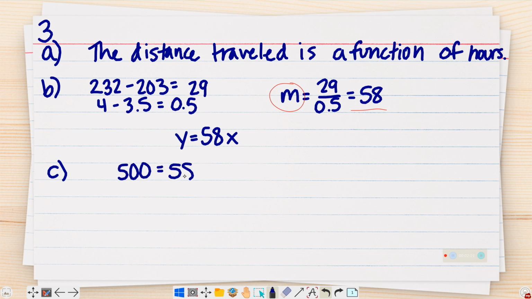We are going to substitute y with the number 500 and use our algebra skills to solve for the time, which is x. 58 divided by 58 is 1, so we just have 1x. And 500 divided by 58 comes out to about 8.62, and that is hours.